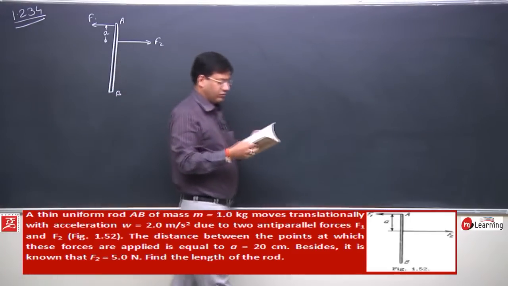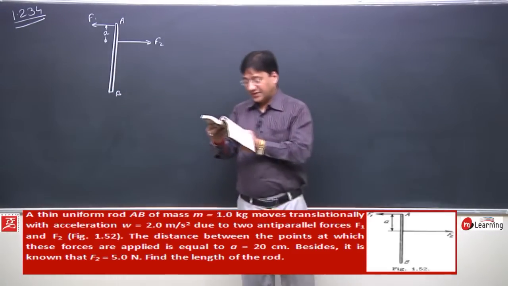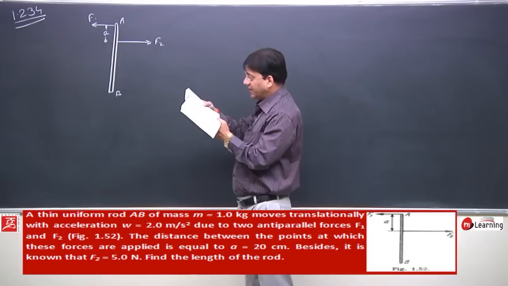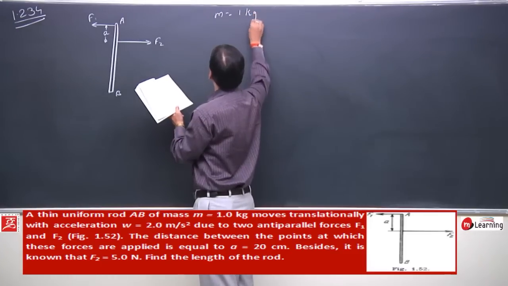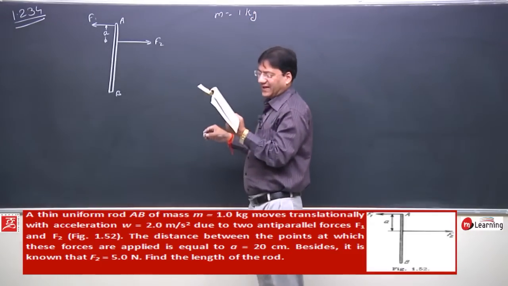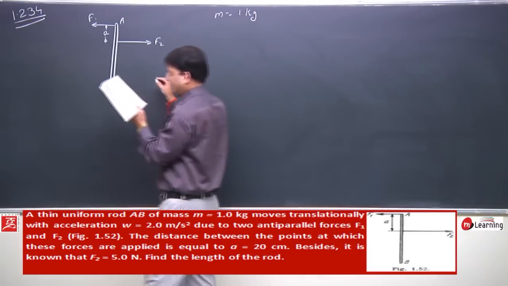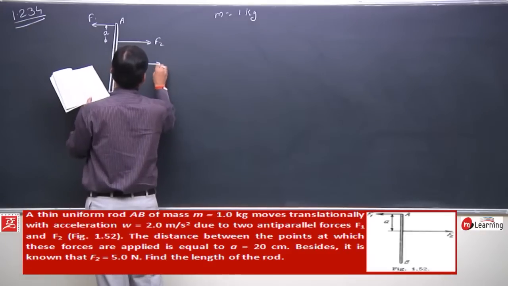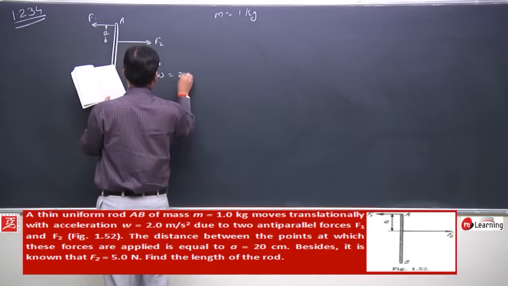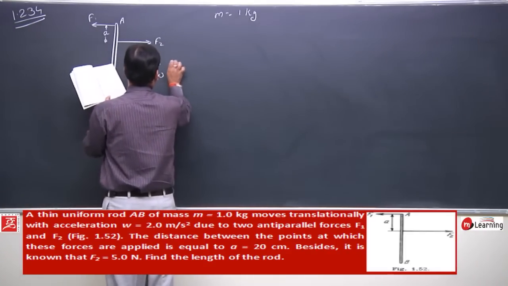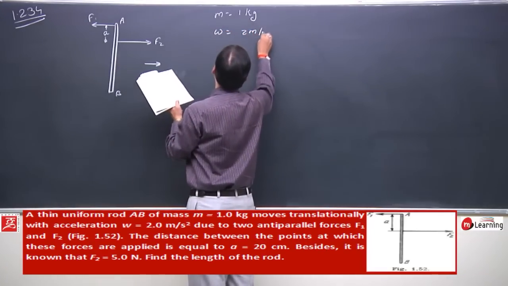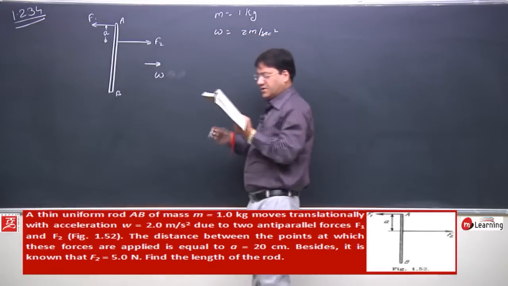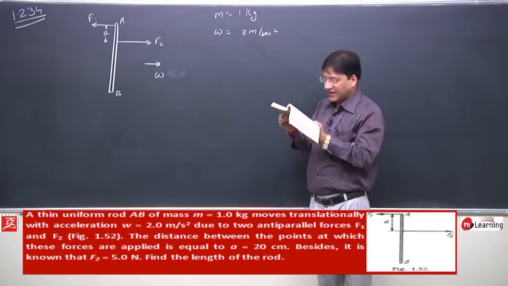Now, the problem statement: a thin uniform rod AB of mass m, this mass m is 1 kg, moves translationally with acceleration W, and this W is 2 meter per second square, due to anti-parallel forces F1 and F2.